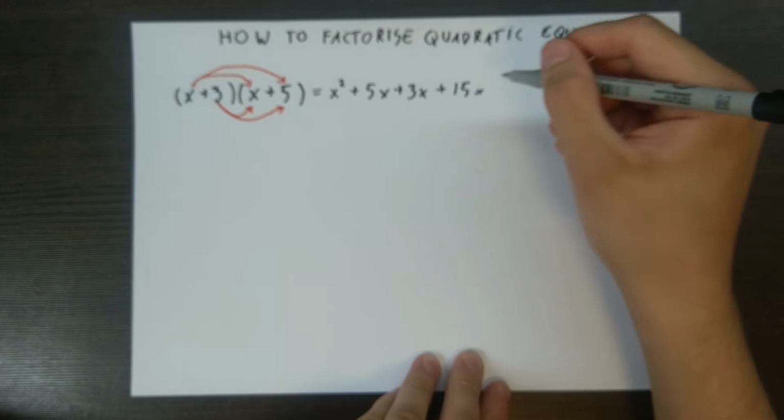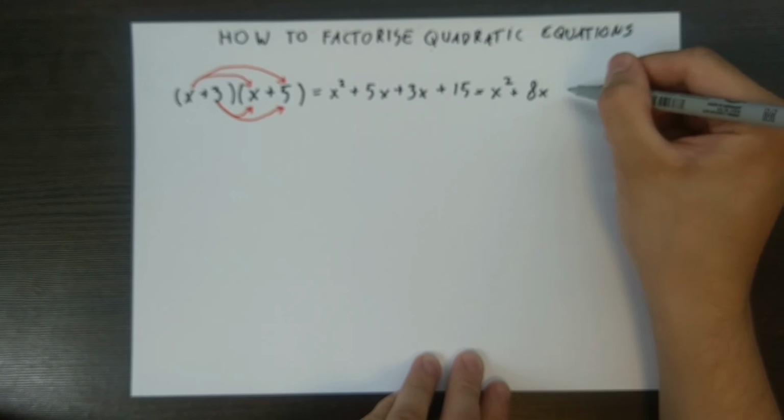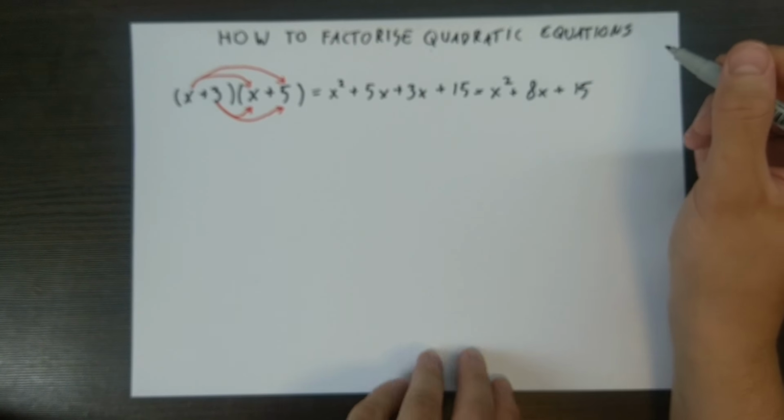So in other words, it is x squared plus 8x plus 15.